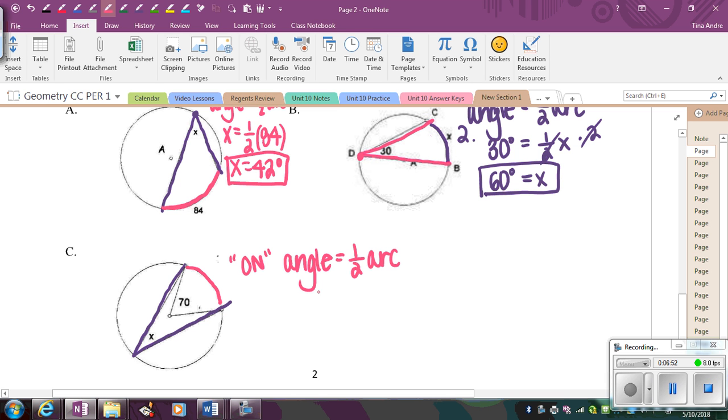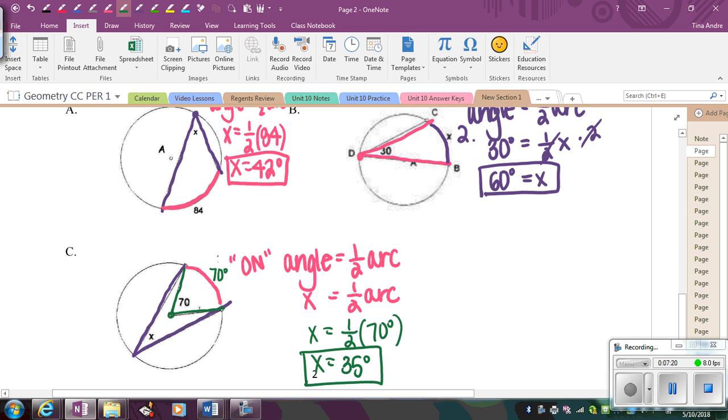So x is equal to 1/2 of the arc. The problem is I don't know what this arc is, but luckily I have this central angle here. This central angle has to be equal to the arc. So the central angle equals the arc, which means x is 1/2 of 70. So x is equal to 35.